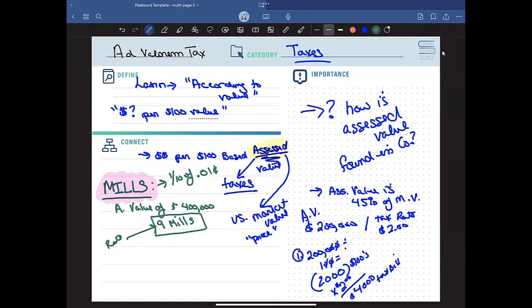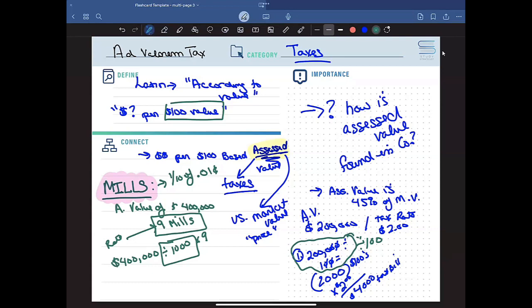So really what you're going to do is take this 400,000, divide it this time by 1,000, and then multiply by 9. That's just the short version because I don't want to go into too much math, but just remember that with a rate per 100 you divide by 100, and in a mill, you divide by 1,000. So you just add another zero. Okay.